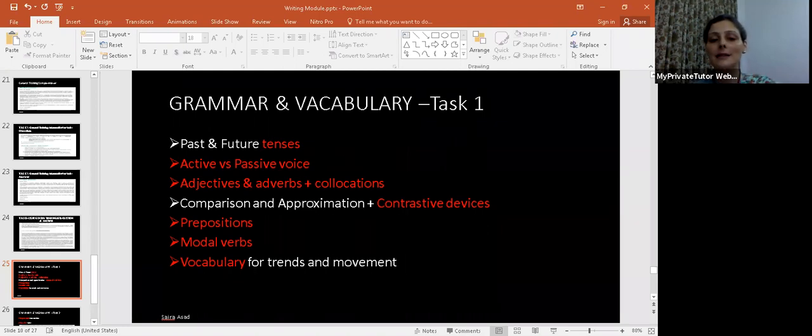Then comparison, approximation, contrastive devices, prepositions, vocabulary, and modal verbs will be there when you give examples, agree, disagree, and explain something that is going to happen in future.